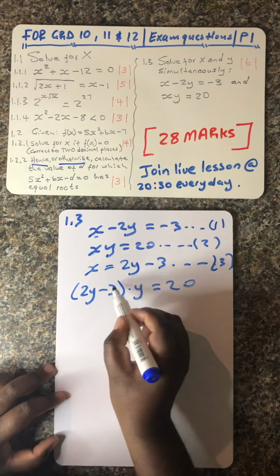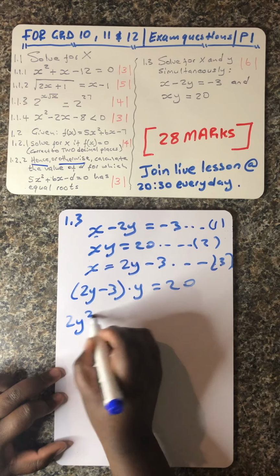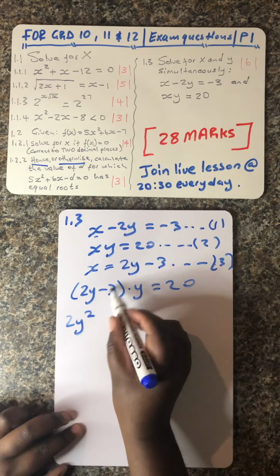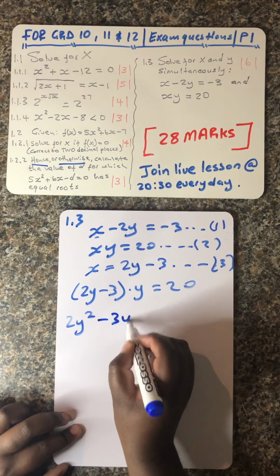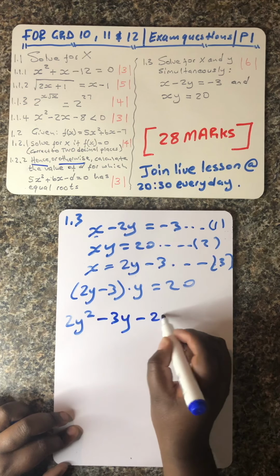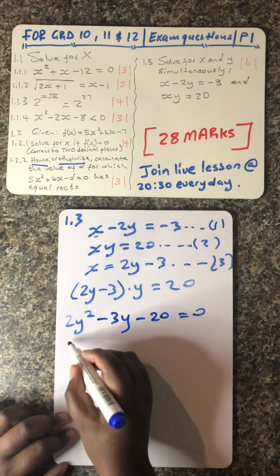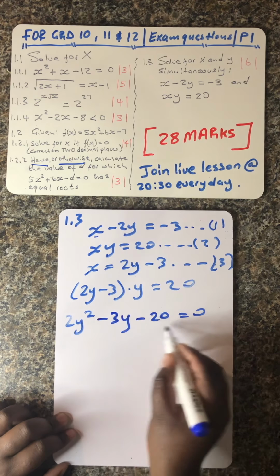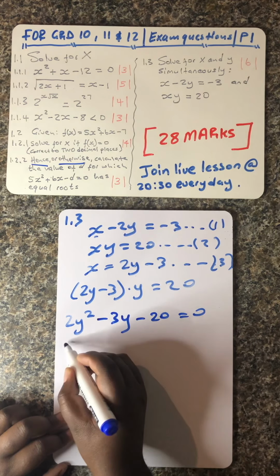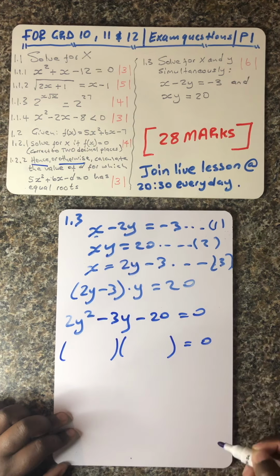So we multiply by y: 2y squared, y multiplied by minus 3 is -3y, and then you move the 20 to the left, it changes the sign, minus 20 equals 0. Guys, you cannot further simplify this, so you must straight away factorize. It's equals to 0.